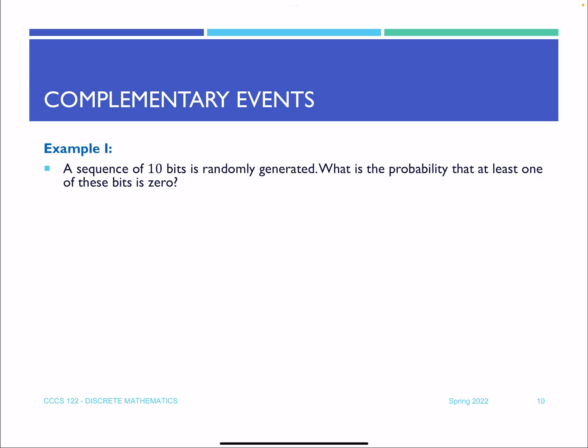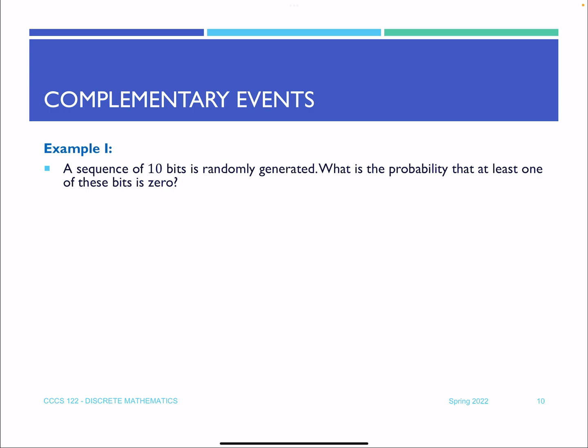Okay, another example here. A sequence of 10 bits is randomly generated. What is the probability that at least one of these bits is 0? So the probability that 1 is 0, or that 2 are 0, or 3, or 4, 5, 6, 7, 8, 9, or all 10 are 0. This is one of those cases in which it is convenient to flip the problem around.